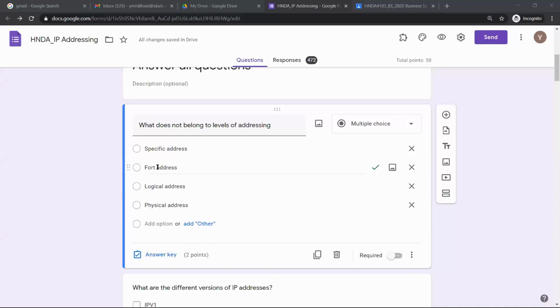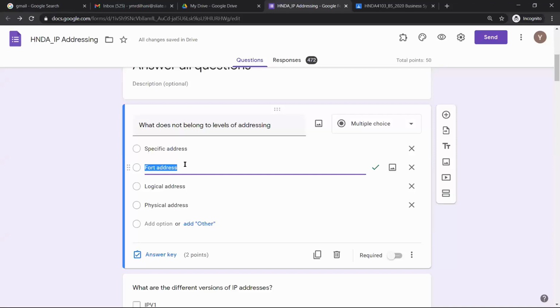And here, this is the wrong answer. Here it says fort address, but the correct answer should be port address, P. This is F, but the correct one is P. So port address is also something within your computer when you connect outside the computer. Data are passed through those ports, not fort.